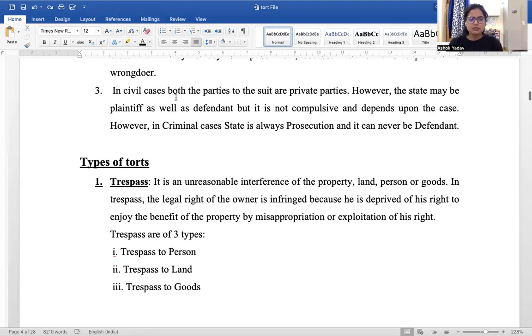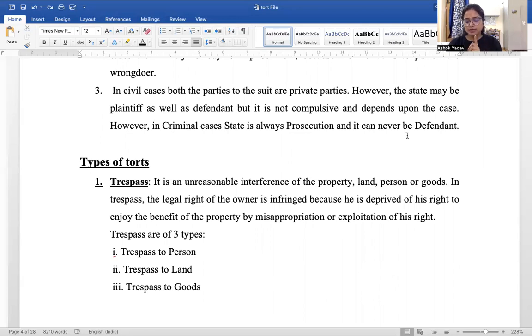In civil cases, both the parties to the suit are private parties, however, the state may be plaintiff as well as defendant, but it is not compulsive and depends upon the case. However, in criminal cases, the state is always the prosecution and it can never be the defendant, right?